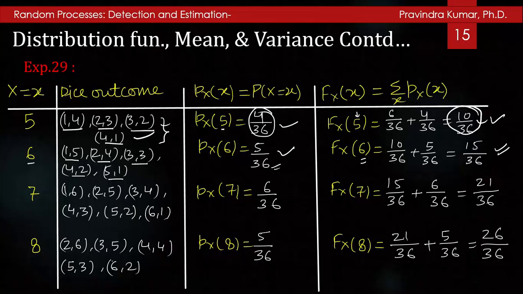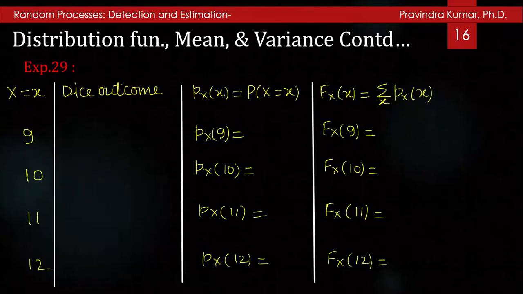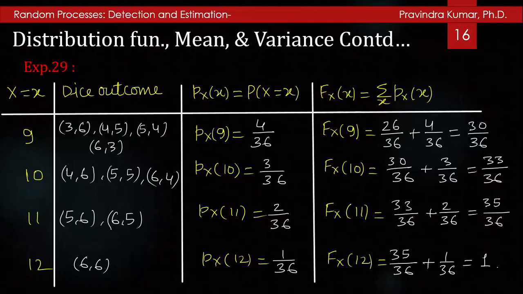So for the case when x is equal to 7, the PMF is 6 by 36, and the CDF at x is equal to 7 is 21 by 36. For x is equal to 8, this means the sum on the two dice is 8. So the PMF at x is equal to 8 is 5 by 36, and the CDF is 26 by 36. For the case of x is equal to 9, the favorable outcomes are 3 6, 4 5, 5 4, 6 3.